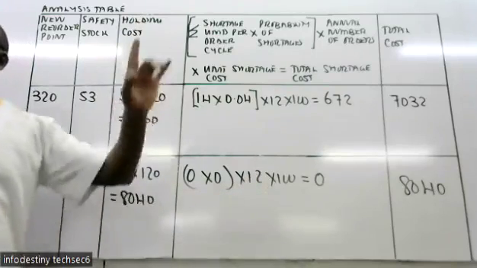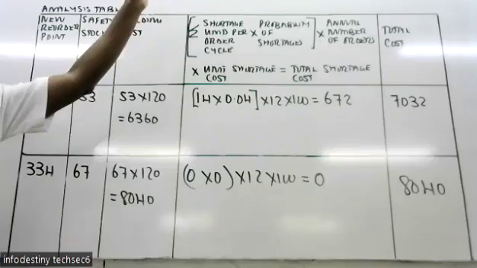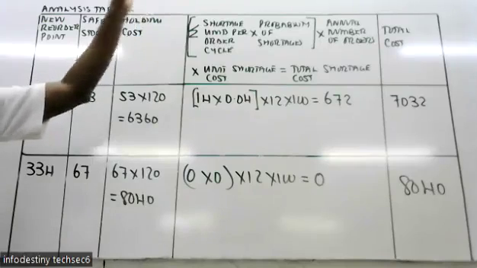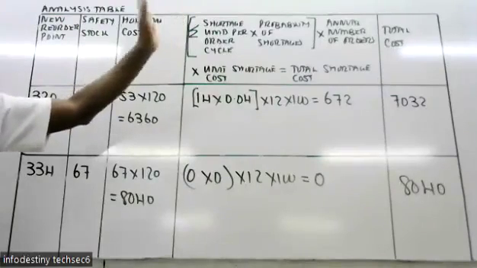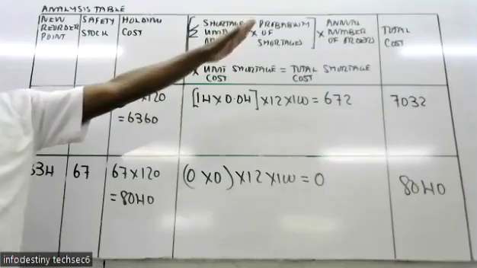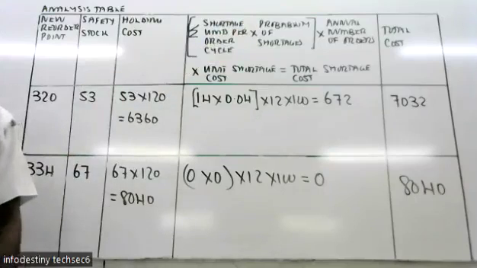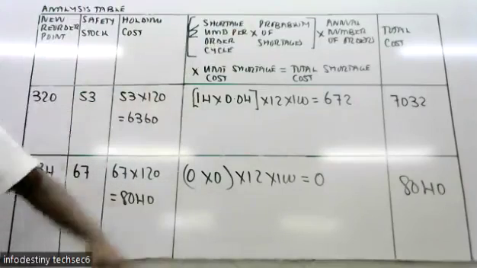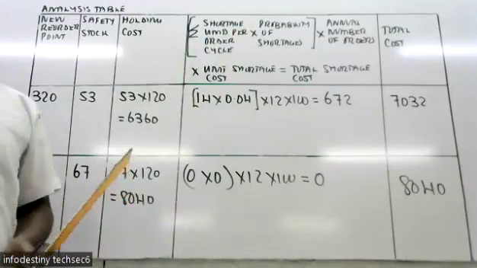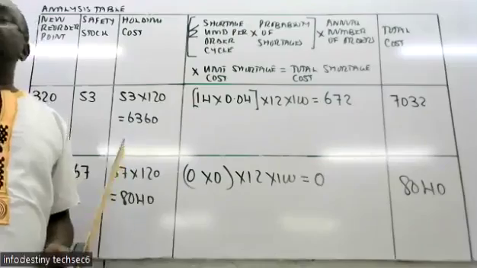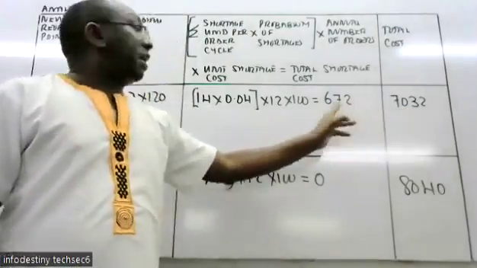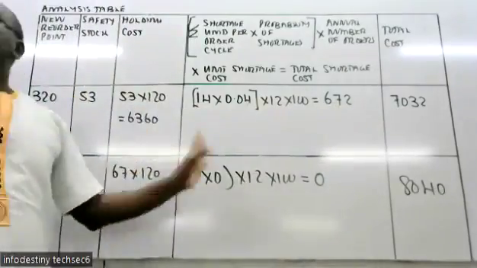Hiyo extreme nyingine ni ile tulianza nayo huko tu. Ukiangalia where we started, that is where now you say I will never hold. So the holding cost is 0. But now you will incur the shortage cost. Those are the two extremes. Hiyo ya kwanza na ya mwisho. Hizi zingine ziko hapa katikati, unachukua kidogo hapa kidogo hapa. That's why unaona the easy values, unaona kama hii 7032. It is a makeup of this and this.